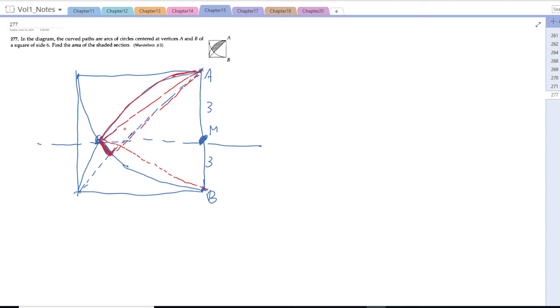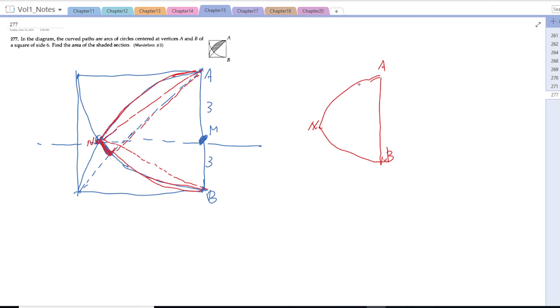So what you can see is that the shaded area is equal to this part. Let's see, this is the M, this is the N, so it's AN, BN, AB, ABN. It's this part.